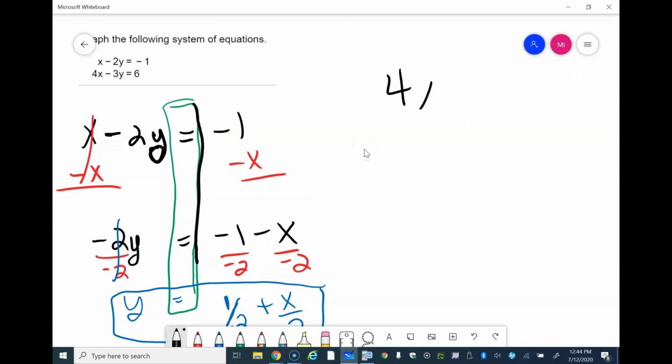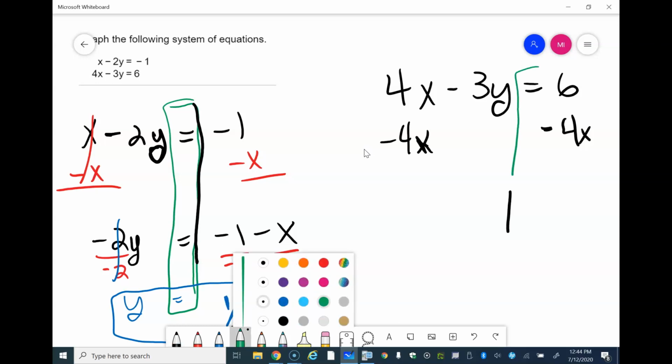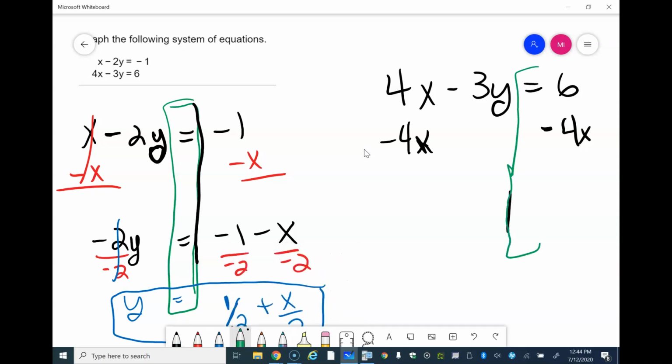So we have 4x minus 3y is equal to 6. I'm going to move the 4x over to both sides, because again, I'm trying to get y by itself. So that cancels.